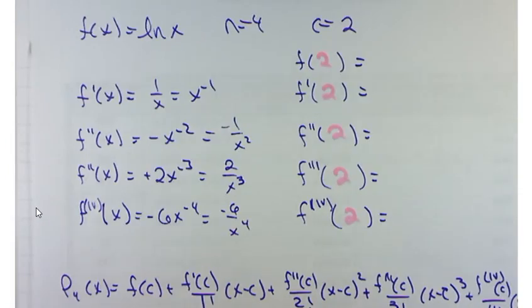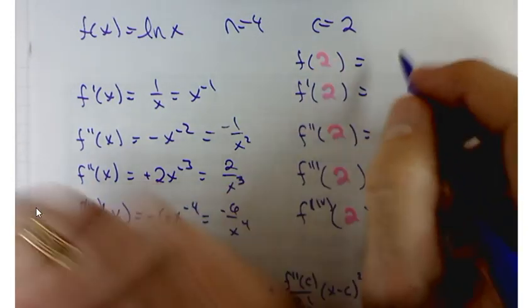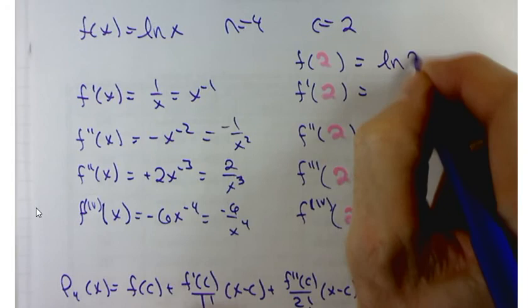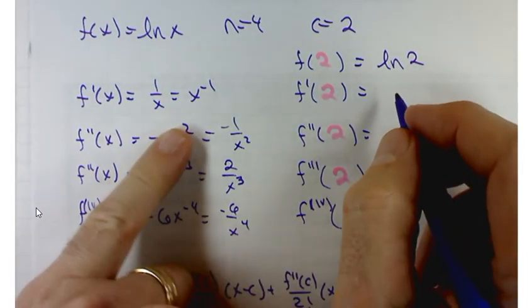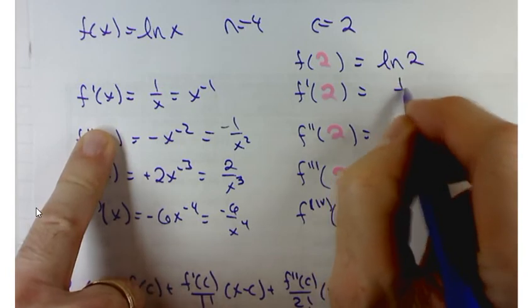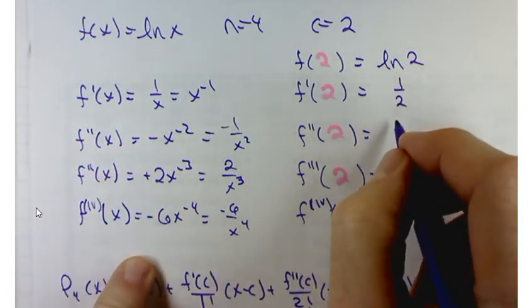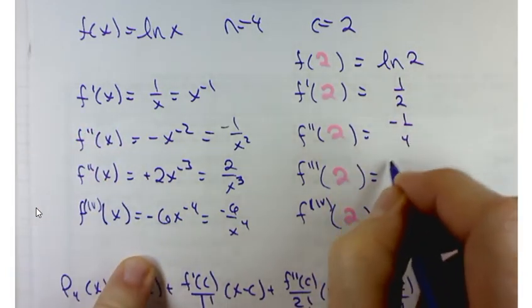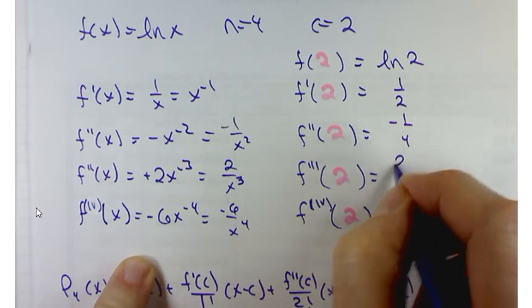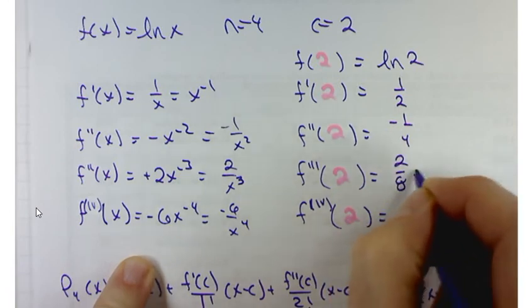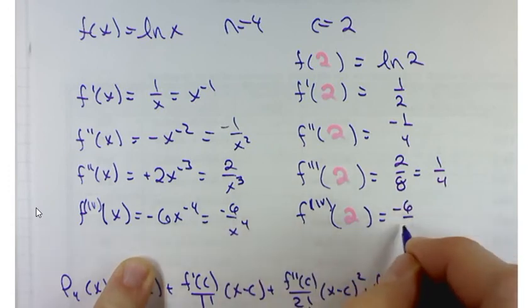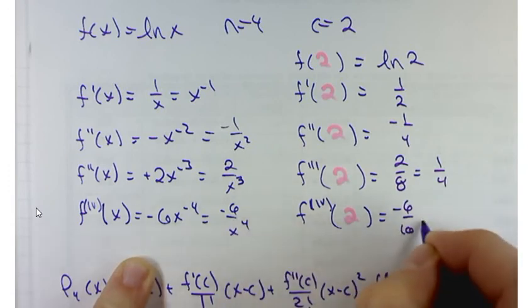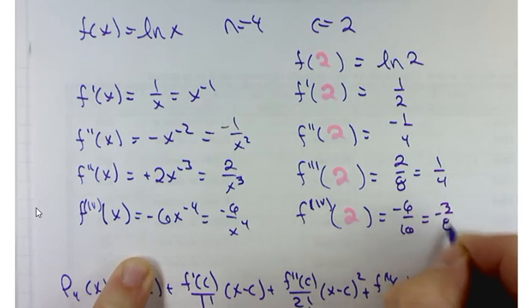Then it becomes easier to plug in your values like x equal 2 into these terms. Now, this one doesn't simplify. It's just log of 2. At the first derivative, I'll get 1 over 2, and then negative 1 over 4. Positive 2 over 8 reduces to 1/4. And then negative 6 over 2 to the fourth, that's 16, so that's negative 3/8.